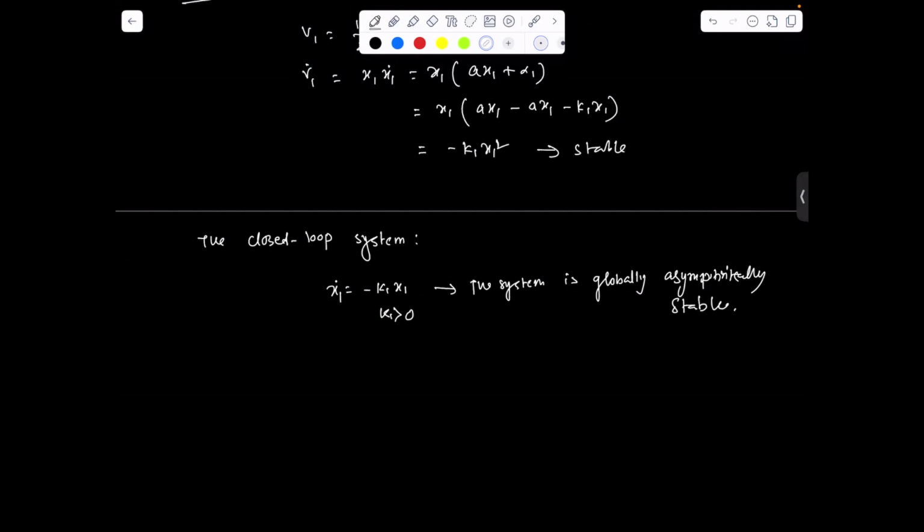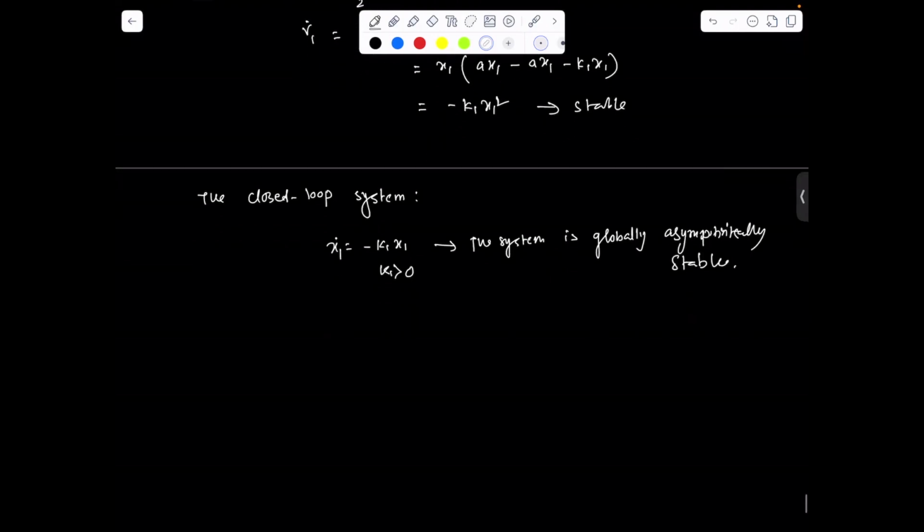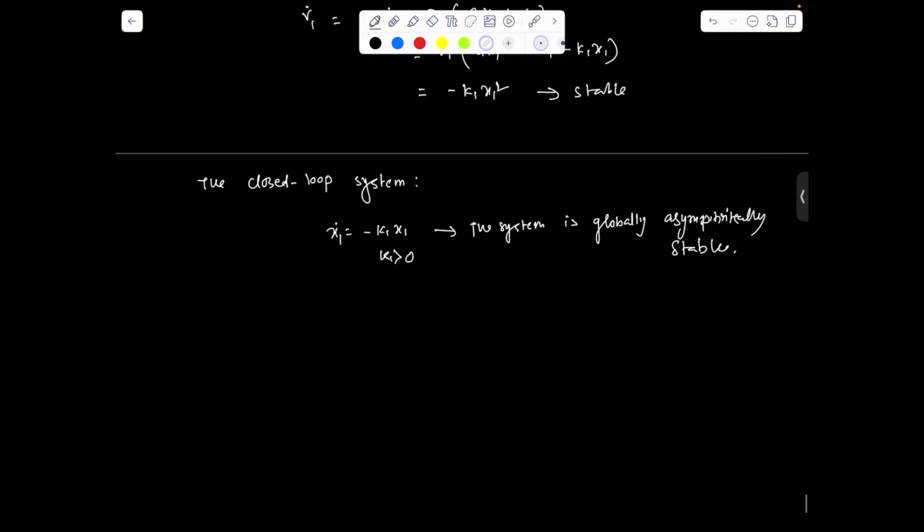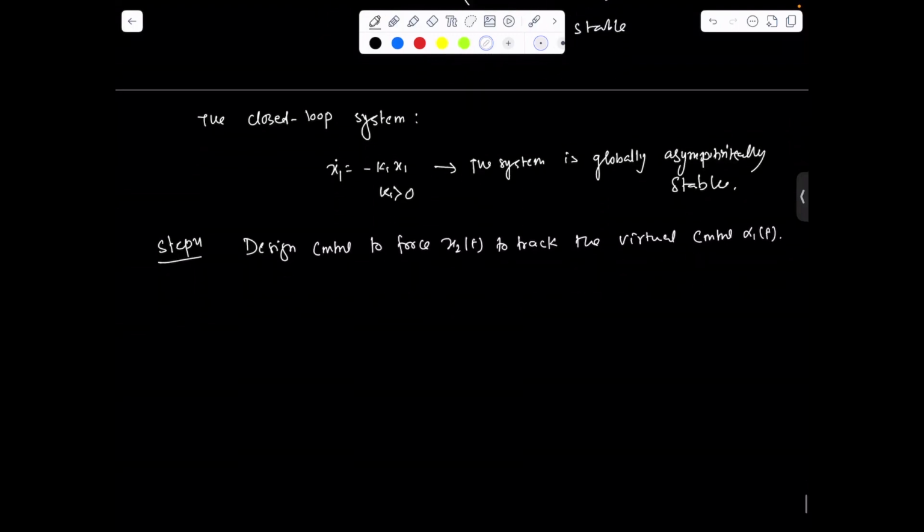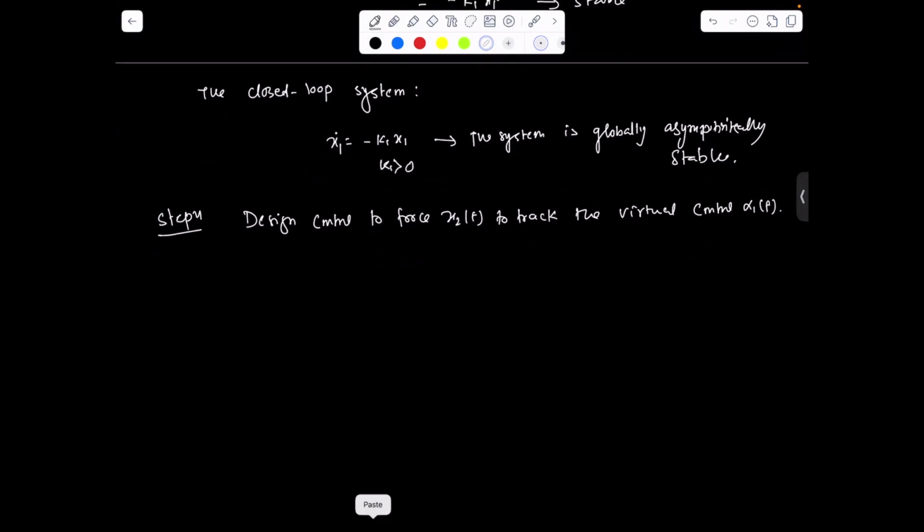But since they start from defined initial conditions, we have to design a control force for x2 to track the virtual control alpha 1. So step 4: design the control to force x2 to track the virtual control alpha 1.